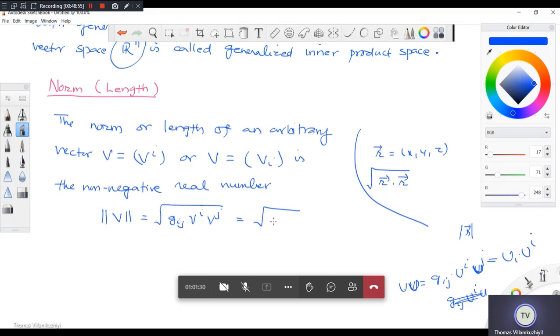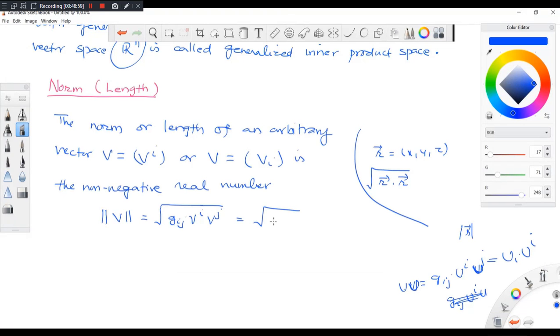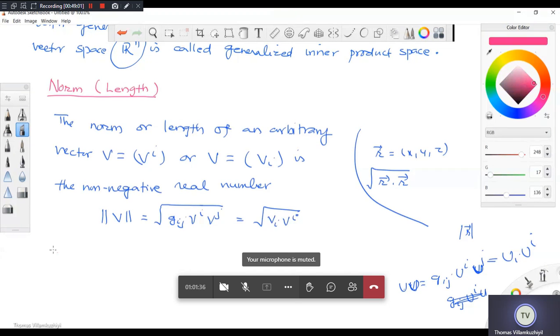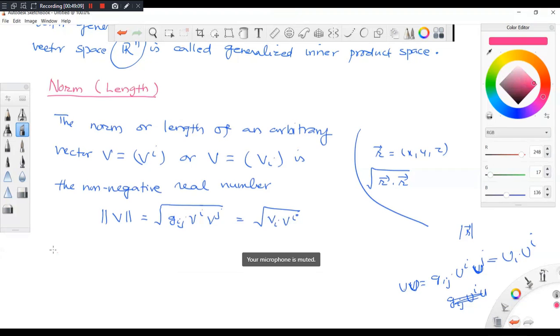And we will see just one example of how to find the norm of a vector.